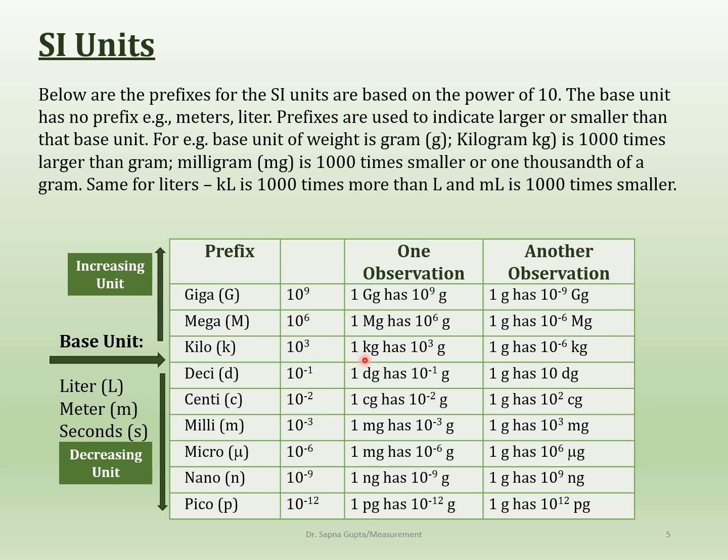Okay, so 1 kilogram has 1,000 grams, or 1 gram has 10 to the, and I have to correct this, oh my lord, 1 gram has 10 to the negative 3 kilogram. Okay, which means what? 1 gram has 1,000th of a kilogram. That's what that means.